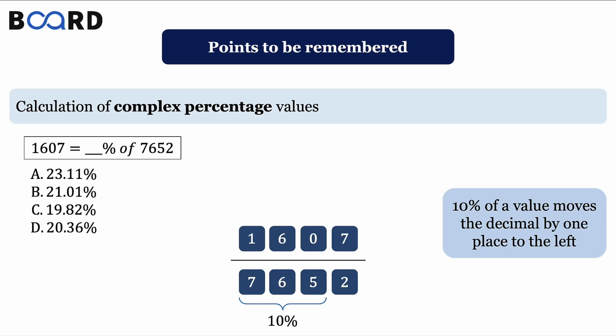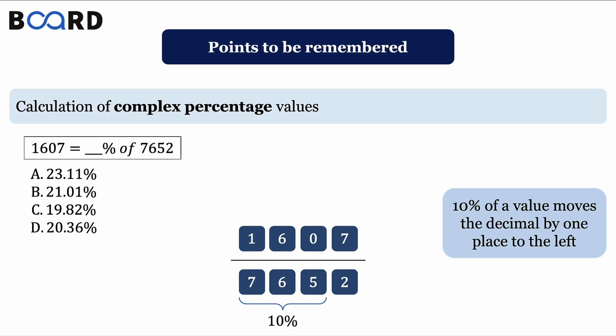Now I know that 10% of the value is 765 and they're asking 1607 is how much percentage. Some sort of imaginary calculation hovers around in our head, saying that I have a value in the 1600s in the numerator, and I know that 10% is 765. So I'm pretty sure that it's more than double, right? 765, if I double it, I'll have a value in the 1500s.